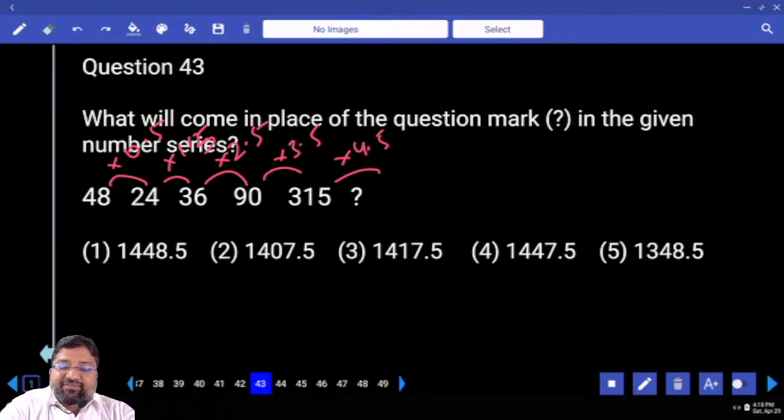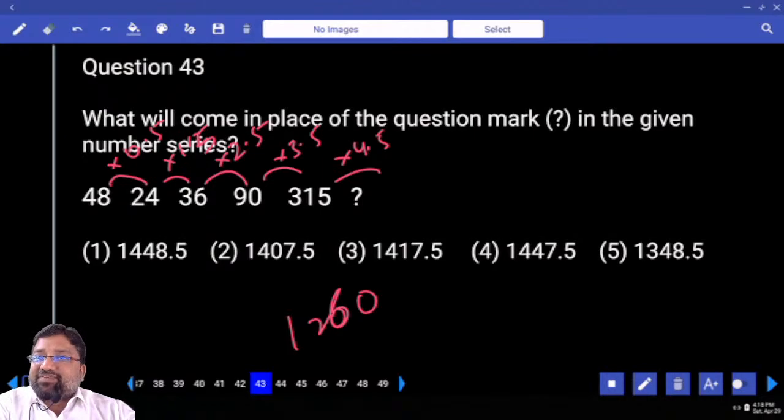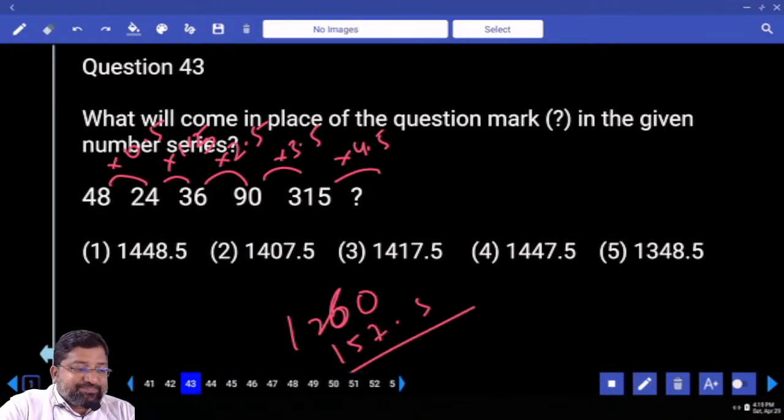First, 315 into 4. What is 315 into 4? Double 315, double: 630, double again: 1260. To this 1260 we will add half of this. What is half of that? Half of 300 is 150, half of 15 is 7.5, so 157.5. So which option will be my answer?